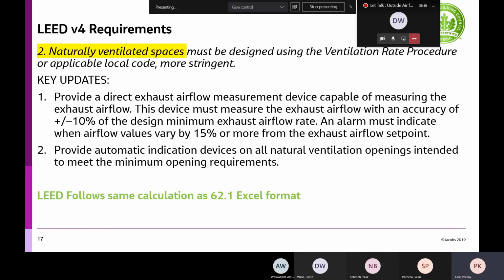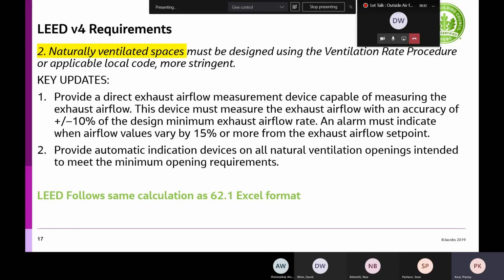So if the exhaust airflow is going above the set point by more than 15%, that's when the alarm needs to go off to indicate what's happening with the exhaust airflow.